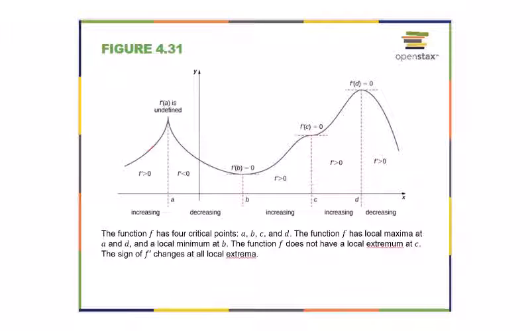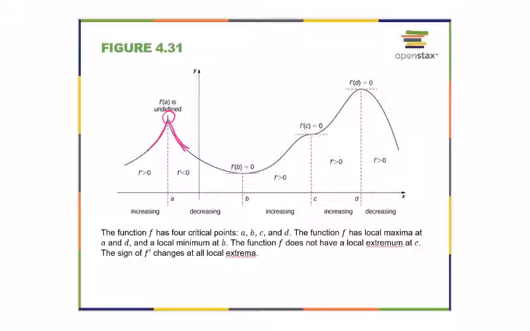Here we see that it's increasing on the left side of the critical point and decreasing on the right side of the critical point. And so if it's increasing on the left, decreasing on the right, that means it has to be a maximum, right? It's going up on the left, coming down on the right. That's going to be a maximum, right?